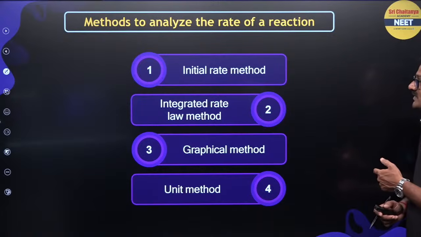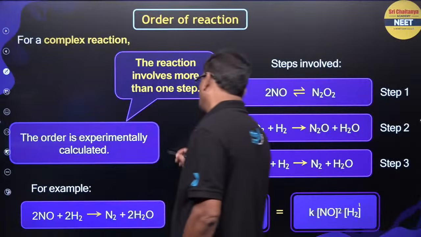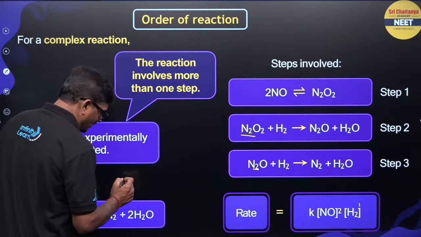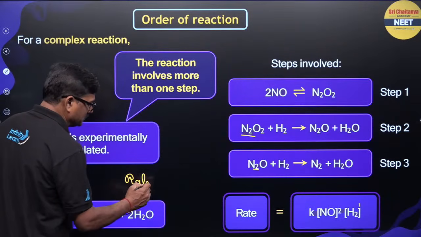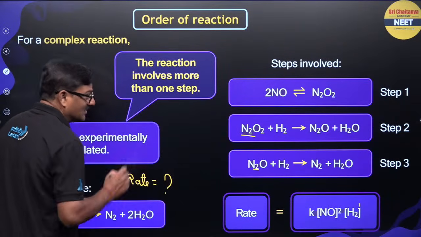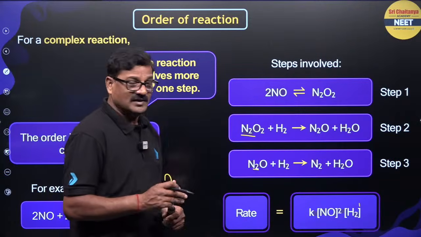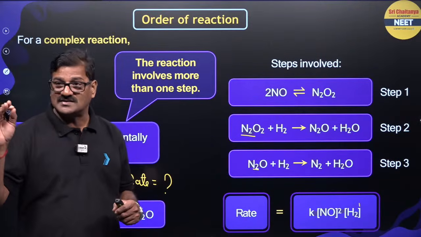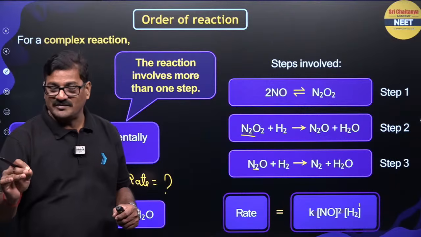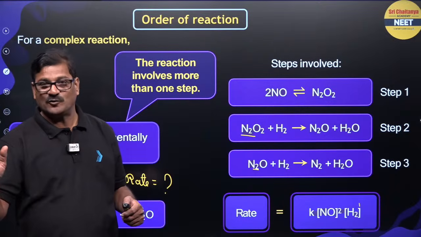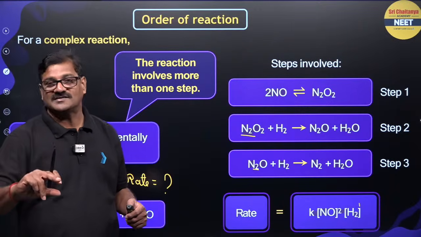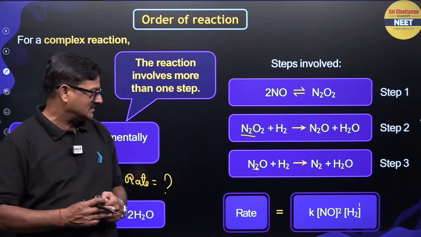So I want to say the overall order is going to be, रेट लॉ के हिसाब से कौन सा लिखना, ये तीनों स्टेप में जो भी स्लोएस्ट स्टेप है वो रेट डिटरमाइनिंग स्टेप होगा. ये रेट डिटरमाइनिंग स्टेप के लिए आप ऑर्डर दे सकते हैं.